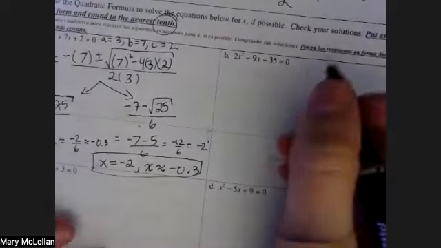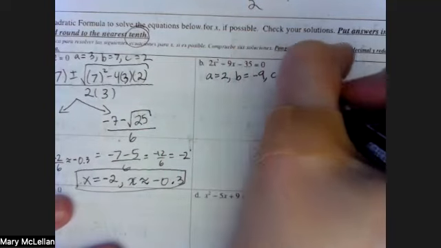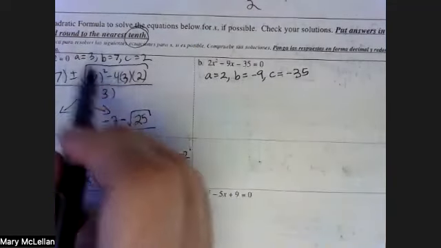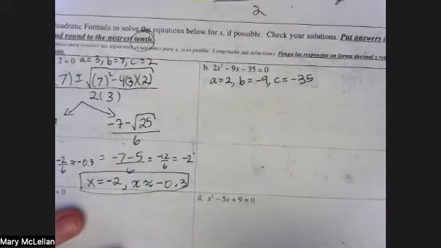All right. I have A is equal to 2, B is equal to -9, and C is equal to -35. This one gets harder if you are not super, super careful with your parentheses. You're going to start getting wrong answers now that B and C are negative.